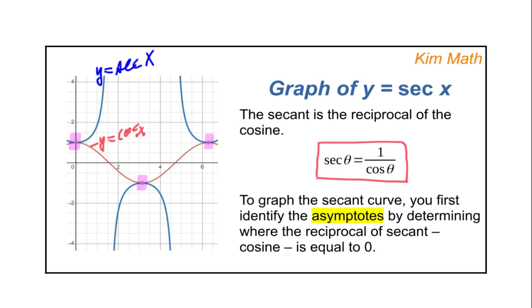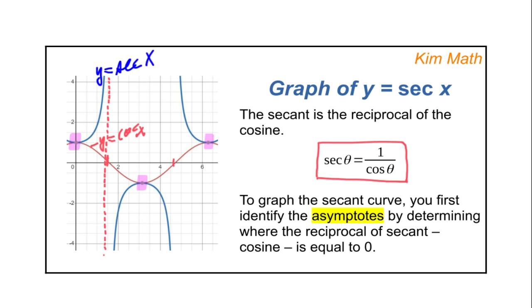To graph the secant curve, we first identify the asymptote by determining where the reciprocal of secant, cosine, is equal to 0. So in this picture here, now this is the asymptote, right?